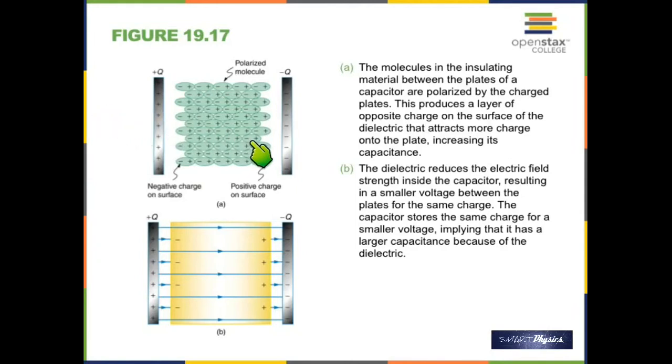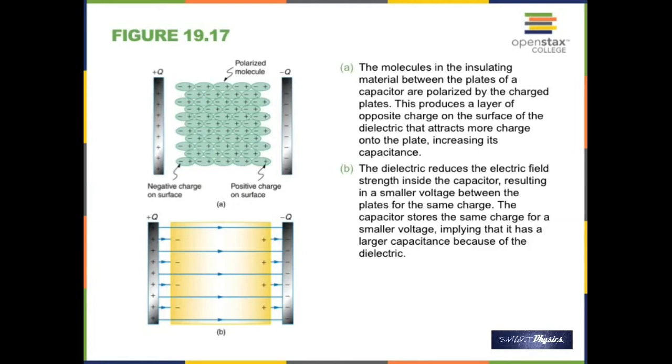So that's the advantage of using an insulator between the plates. And in fact, because the field is from positive to negative, you can see that inside this insulator you have a field that is opposite to the field that was originally on the plates.